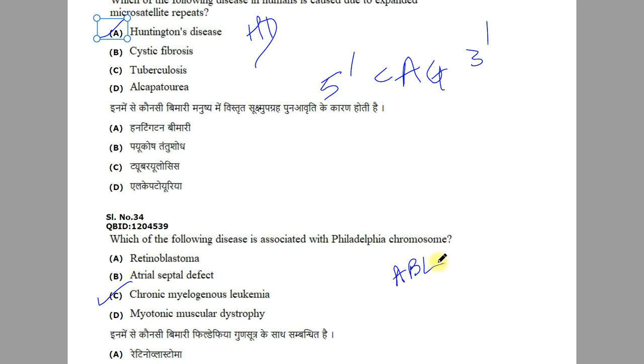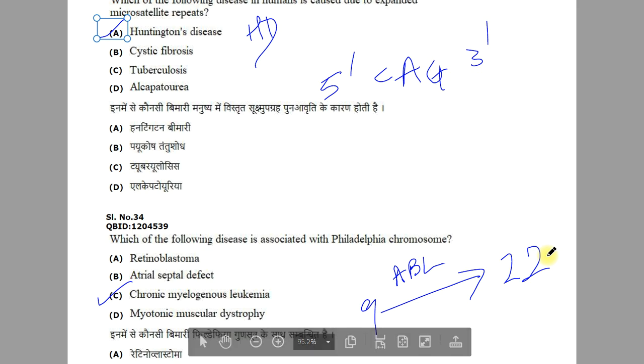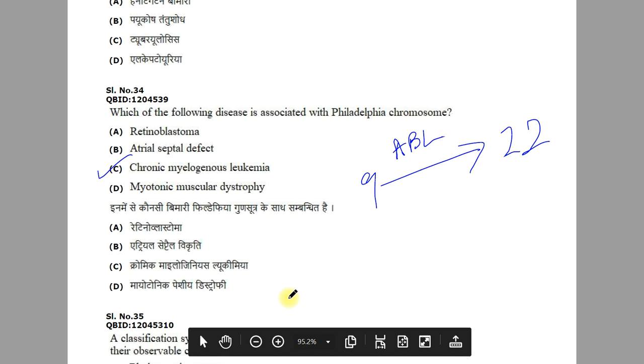This gene moves from one chromosome to another, from the 9th chromosome to the 22nd chromosome, and this leads to myelogenous leukemia, where there is abnormal proliferation of white blood cells.